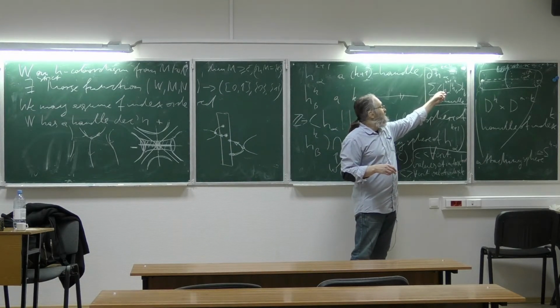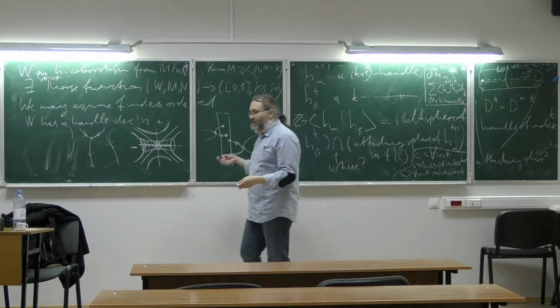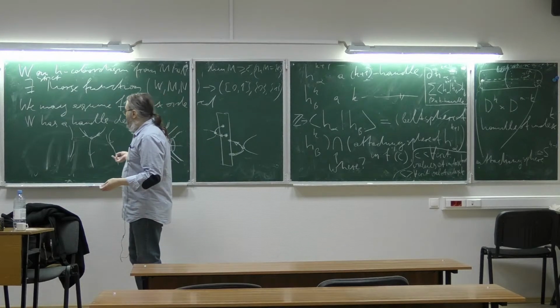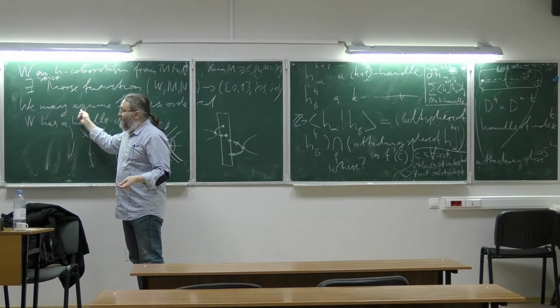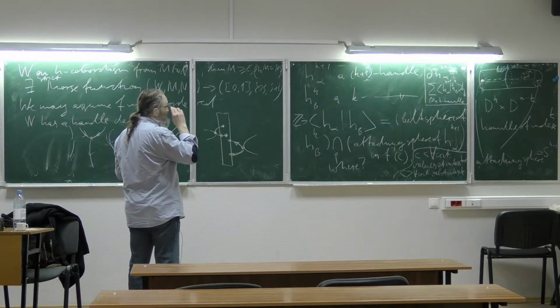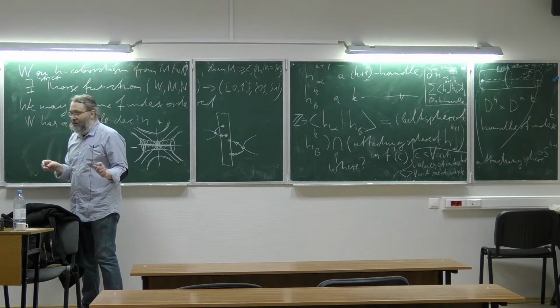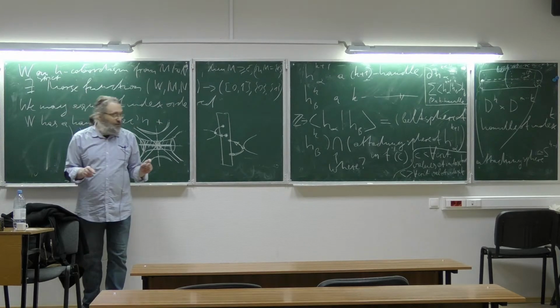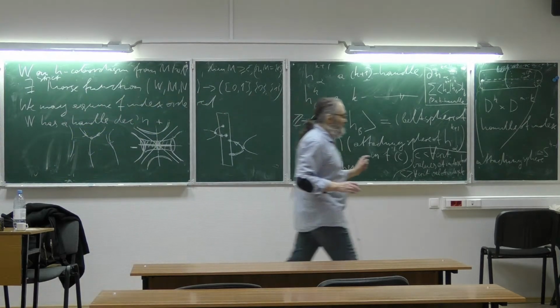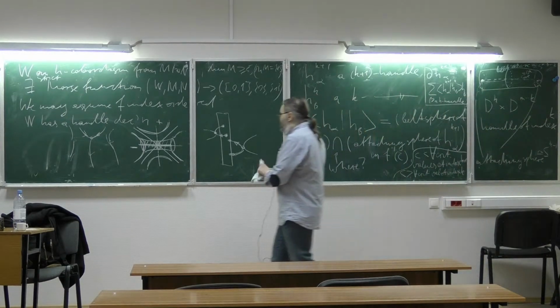So this complex calculates the homology of the manifold. But in our case, the resulting complex will calculate something similar but different. Namely, it will calculate the homology of W multiplied.